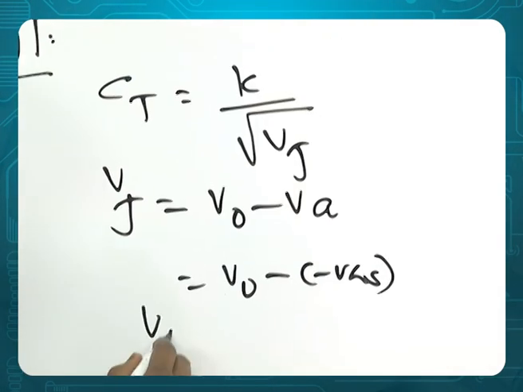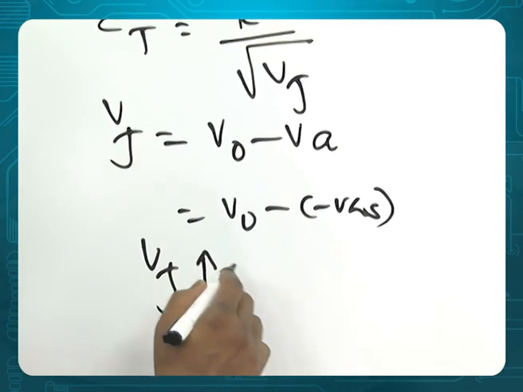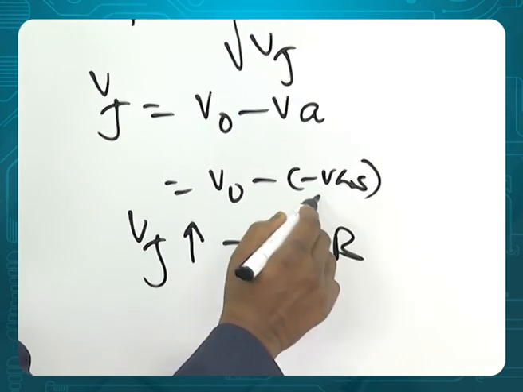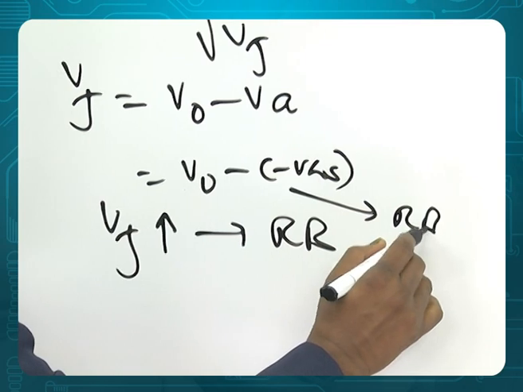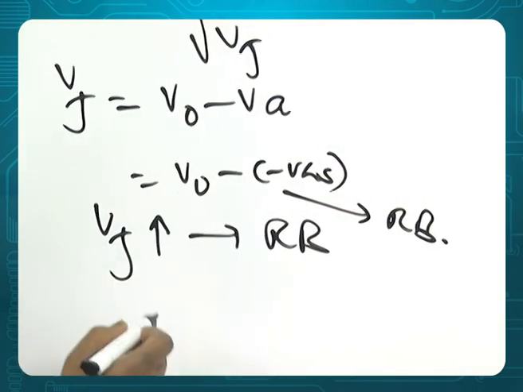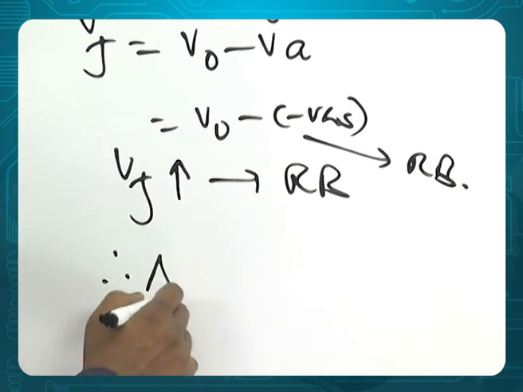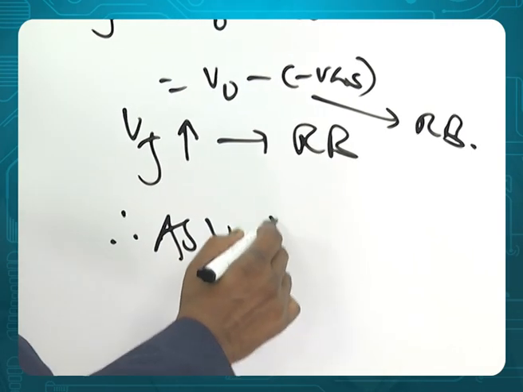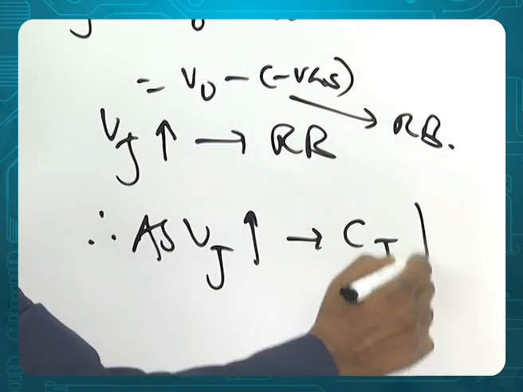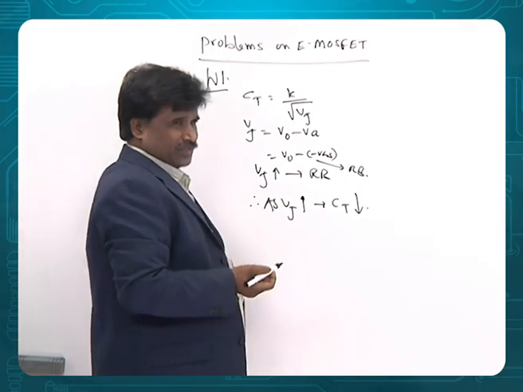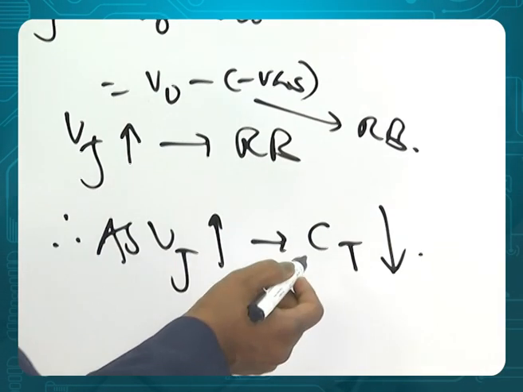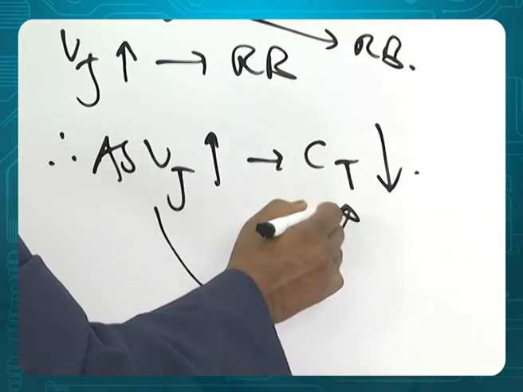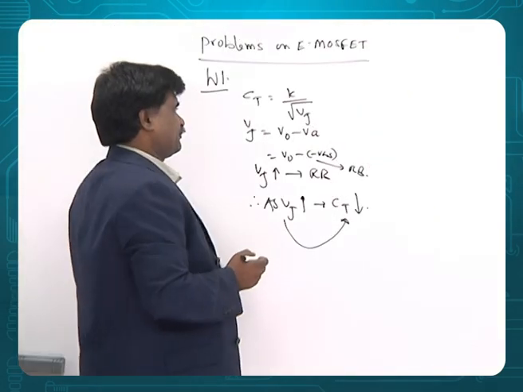So finally Vj increases with reverse bias, because this minus sign is for reverse bias. Therefore, as Vj increases, capacitance decreases. In fact, it's all because of the junction here.